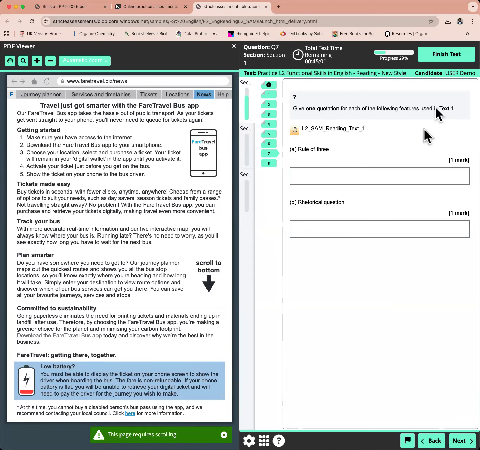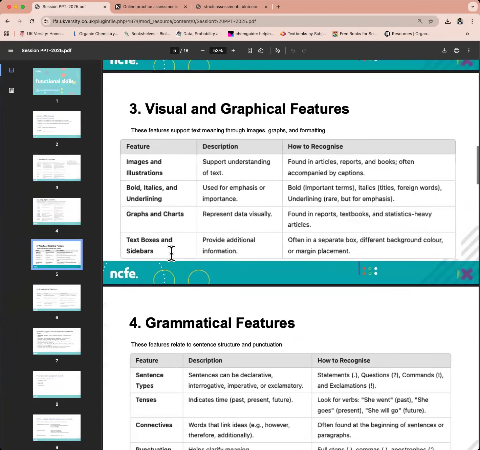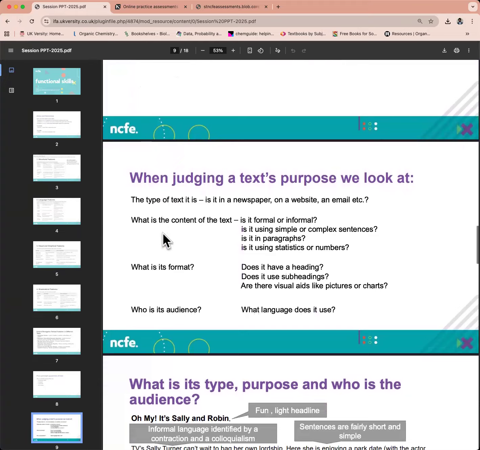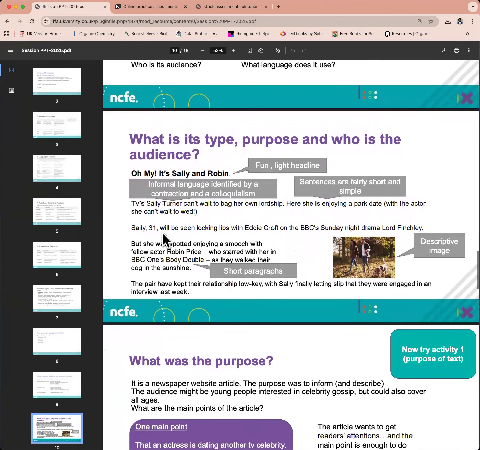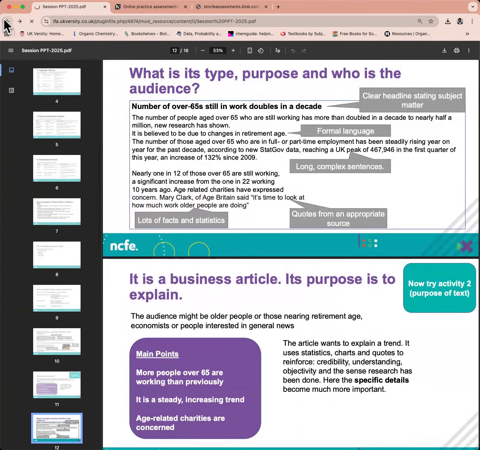Give one quotation for each of the following used in text. Now, rule of three. You have to go through this presentation, because there are going to be certain areas of the text which you will need to spot.